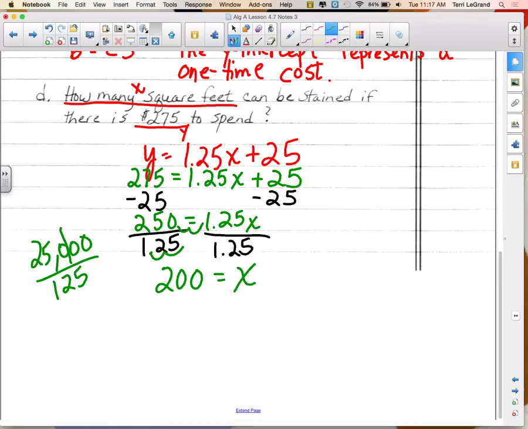Because what is it again that we're solving for? How are we going to write our final answer? 200 square feet can be stained if there's $275. Okay, so 200, since it's the start of a sentence, now we have to use words. We can't use numbers at the beginning of a sentence, sorry.